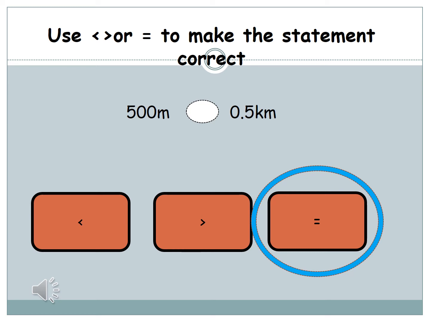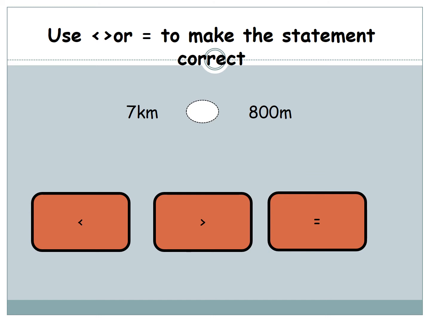The correct sign is the equal sign. That's because we know that there are 1,000 meters in a kilometer, so half of a kilometer is 500 meters. 7 kilometres is greater than 800 metres because we know that there are 1,000 metres in a kilometre, which means if we converted 7 km into metres, it would be 7,000, which is greater than 800 metres.